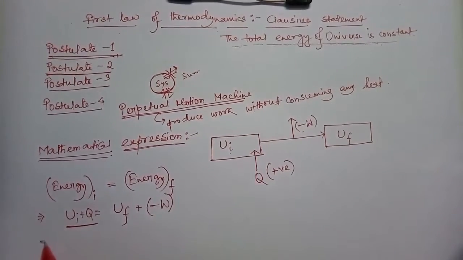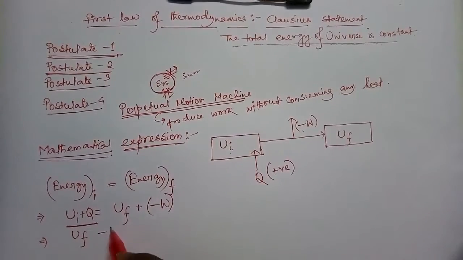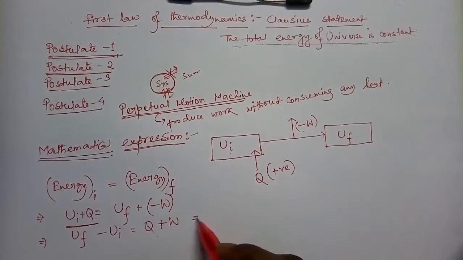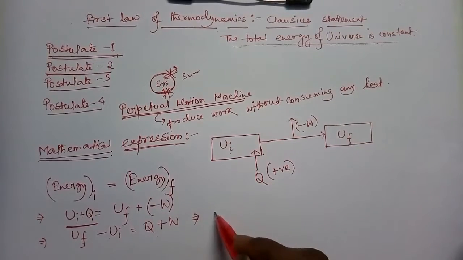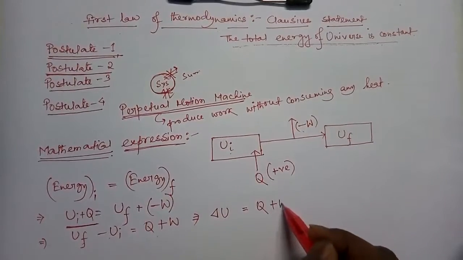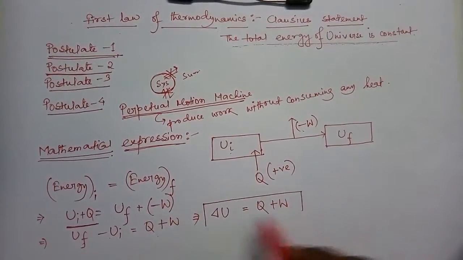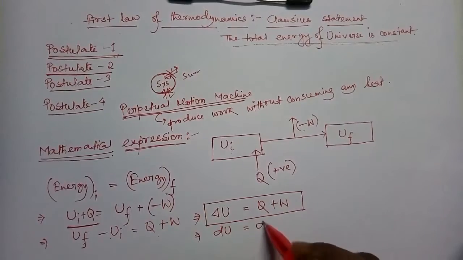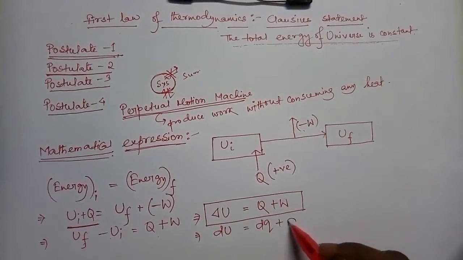So we can say that UF minus Ui equals Q plus W, or this is the change in internal energy, delta U equals Q plus W. This is the mathematical expression for the first law of thermodynamics, or for a small change we can write dU equals dq plus dw.